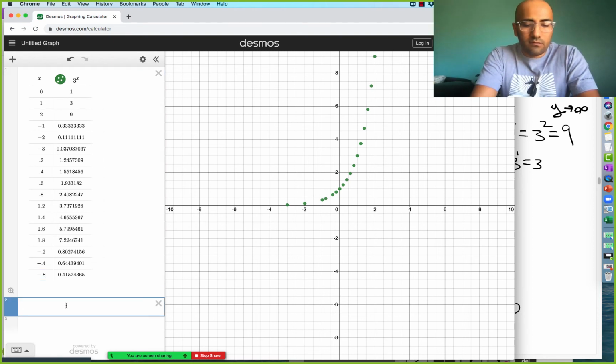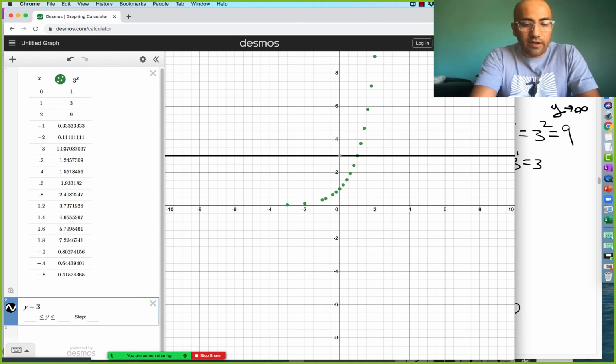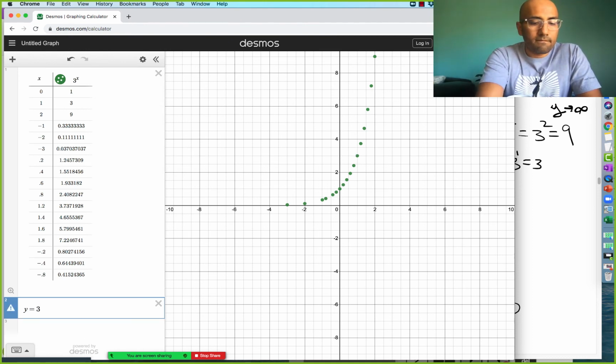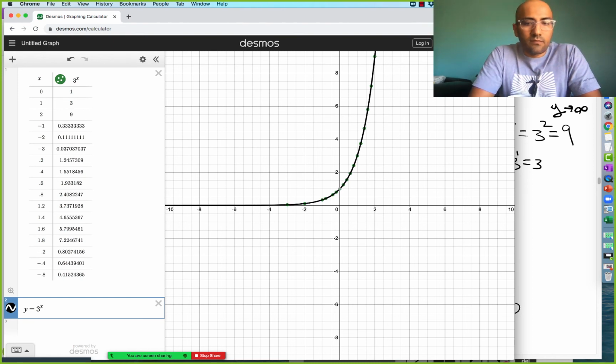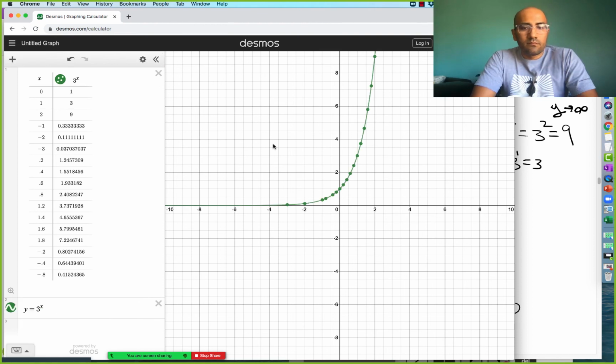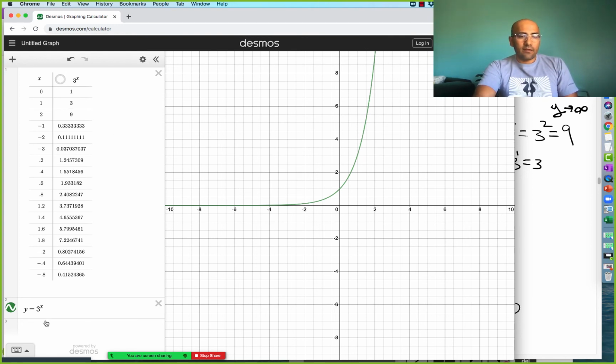Good, so then we can just jump to the calculator graphing it. 3 to the power of x. And let's make it green. Okay, so if I keep going and I find an infinite number of dots here, every possible input value in the real number line, then I will get an infinite number of ordered pairs when I graph them, and all those ordered pairs will eventually begin to look like this smooth curvature, which is really an infinite number of ordered pairs that satisfy this equation.